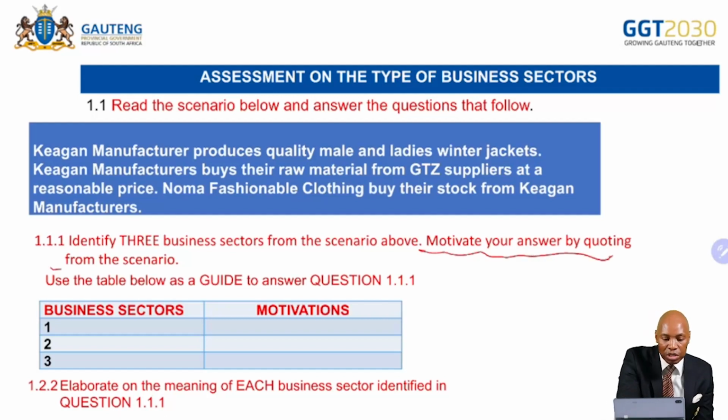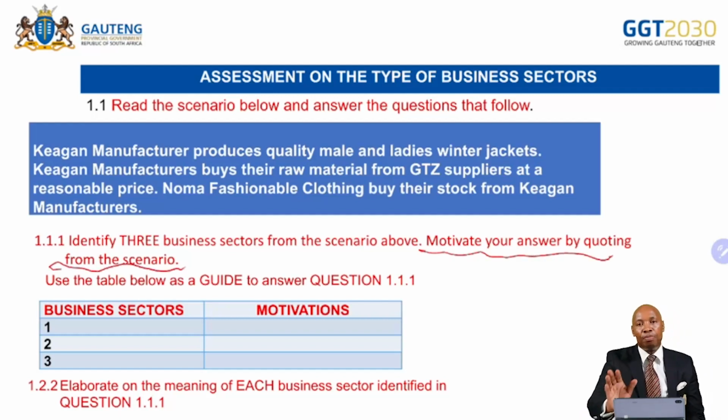How? By quoting from the scenario. And please, I'm repeating again, when you quote, don't change the quotation that is in the scenario. Do not paraphrase the quotation that is in a scenario. Quote it the way it is. Then you will get your marks.